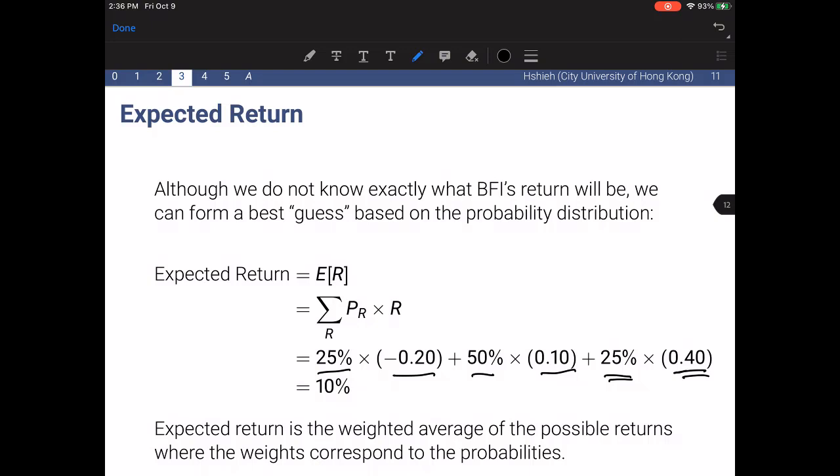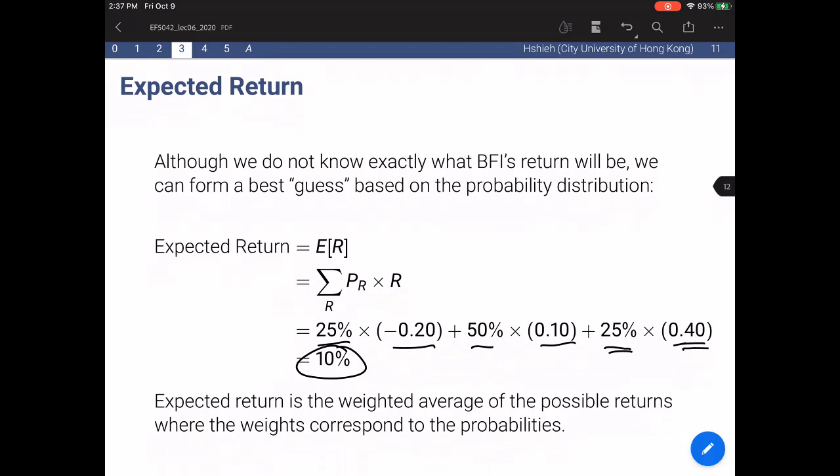So we're taking the weighted average of the return according to the probability distribution, and we should arrive at an expected return of 10%. Okay, so as the last sentence states in this slide, the expected return is the weighted average of the possible returns where the weights correspond to the probabilities.